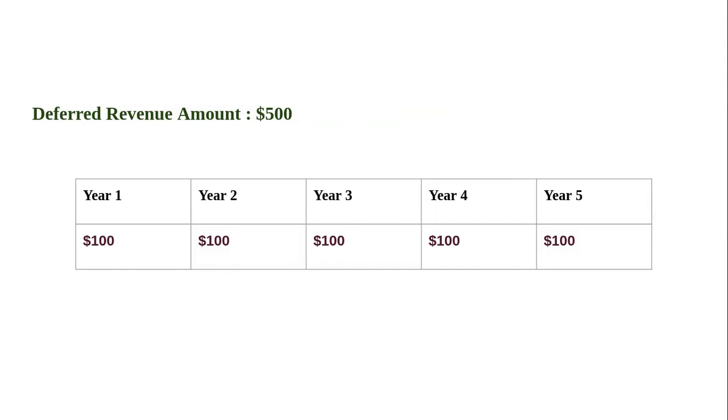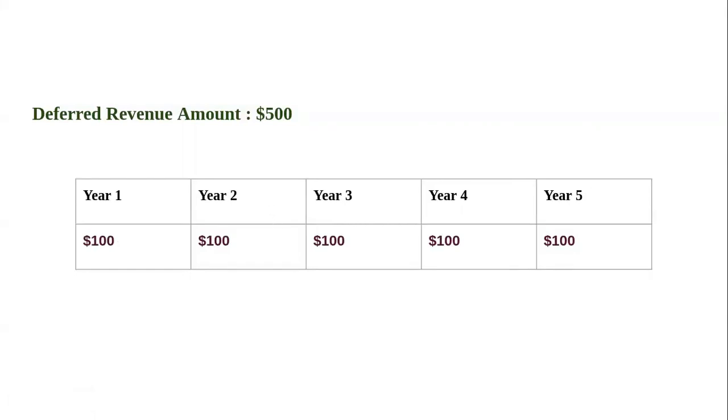Therefore, we post this new income in a deferred revenue account and we decide to recognize it on a yearly basis. Like here you can see I'm recognizing it for 5 years, and each year for the next 5 years, $100 will be recognized as the revenue.